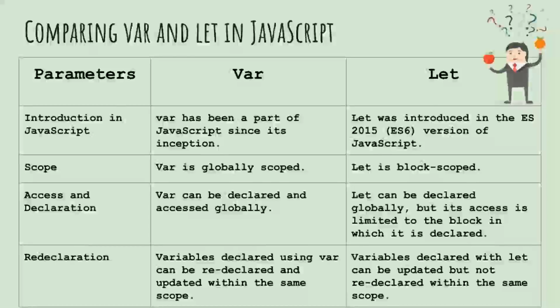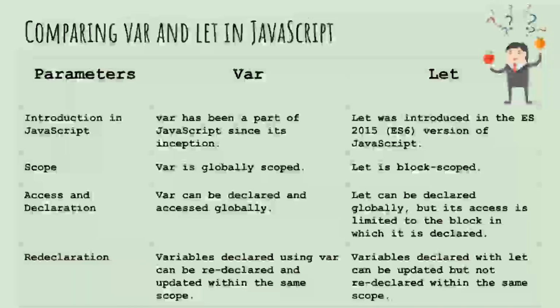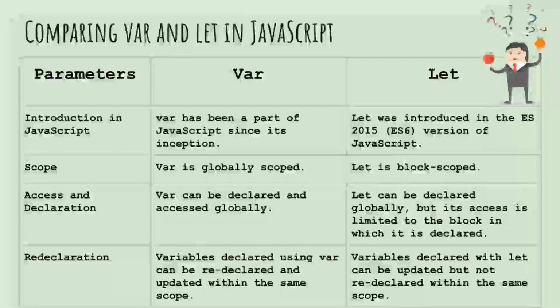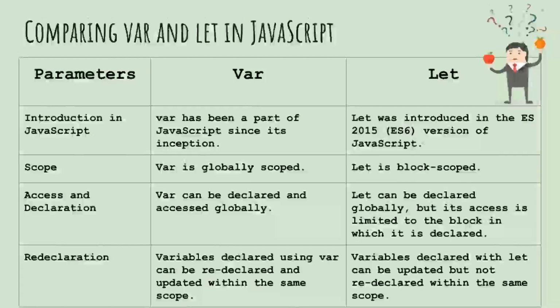The most common question that is asked is, what is the difference between var and let keyword variables? We will talk about the difference on the basis of 4 parameters. First is introduction in JavaScript. Var has been part of JavaScript since the beginning, whereas let was introduced in 2015 in the version ES6.